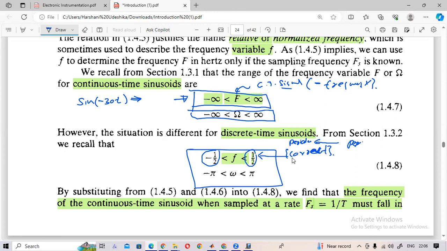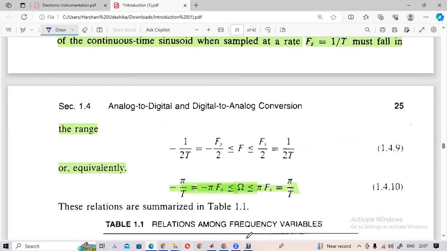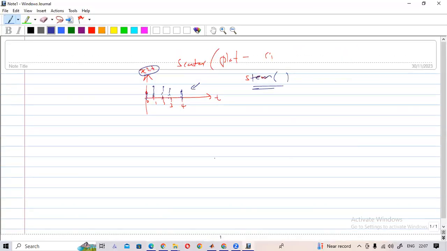But there is a simple point actually. When you are counting the period, how do you count the period of the continuous time signal? Tell me.